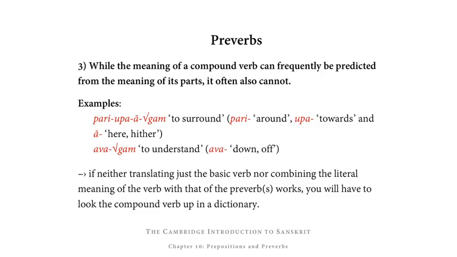Similarly, to understand is a meaning that you probably wouldn't be able to arrive at just by looking at the components of avagam, which are ava, meaning down or off, and gam, to go. So if neither translating just the basic verb, nor combining the literal meaning of the verb with that of the preverbs is enough to figure out the meaning of the compound verb as a whole, you will have to look up the compound verb in a dictionary or word list.